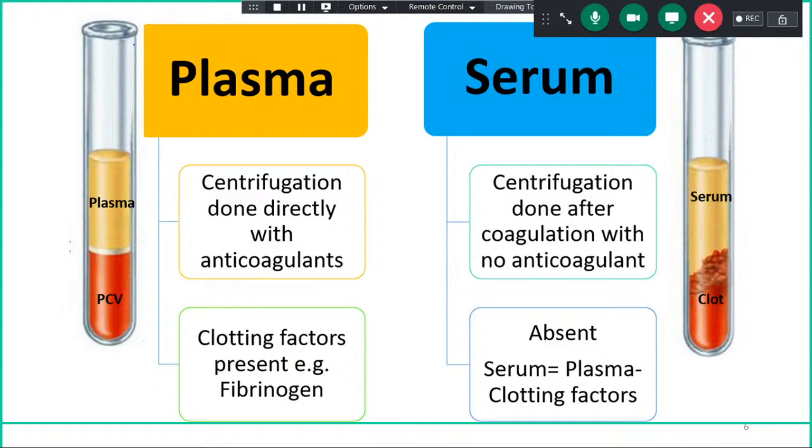While when we centrifuge after coagulation of blood, as there is no anticoagulant present in the tube, the supernatant that we get is called serum. In this the fibrinogen is absent, so we can say serum is plasma minus clotting factors.